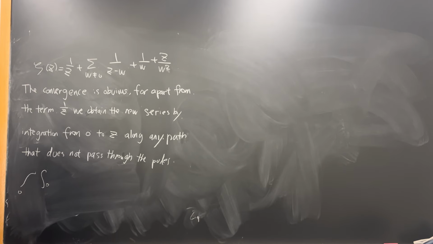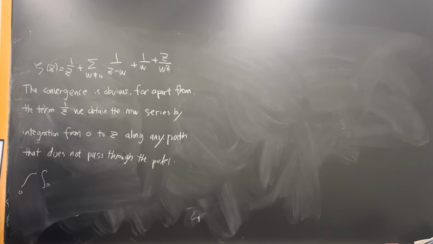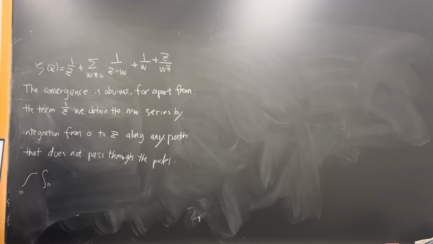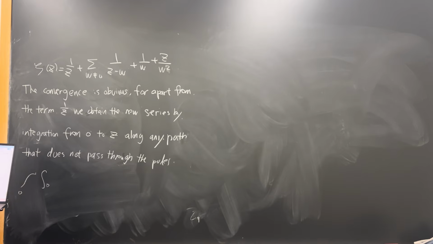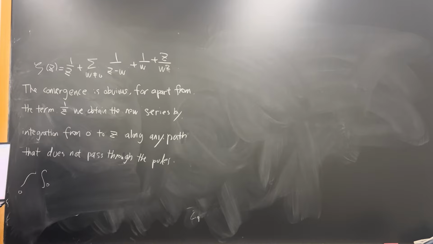I don't understand why it is obvious that we can obtain the new series by integrating from 0 to z along any path.